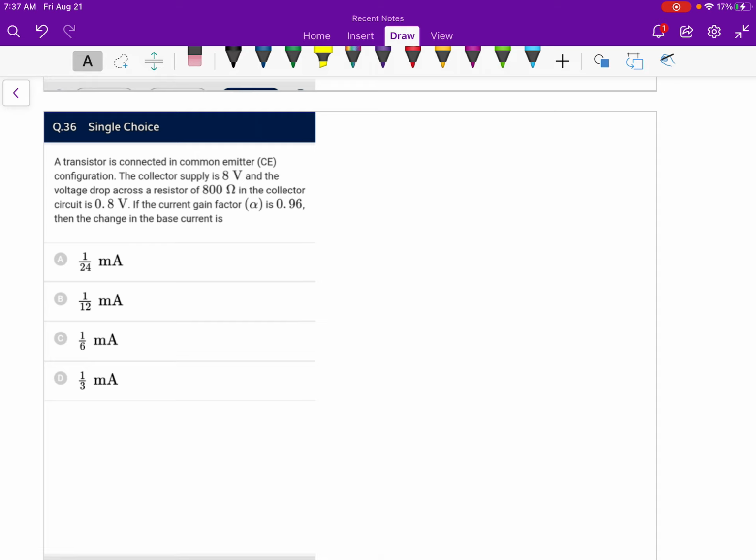Transistor is connected in common emitter configuration. Collector voltage is 8, and the voltage drop across a resistor of 800 ohm in the collector circuit is 0.8 volt. If the current gain factor is this, and the change in the base current is, okay, so beta is alpha upon 1 minus alpha, that is 0.96 upon 1 minus 0.96, so that is 24.